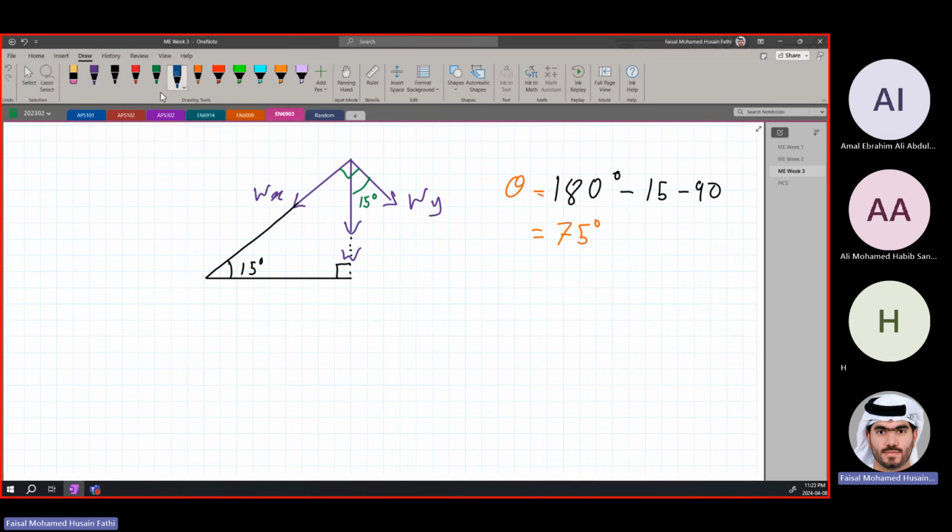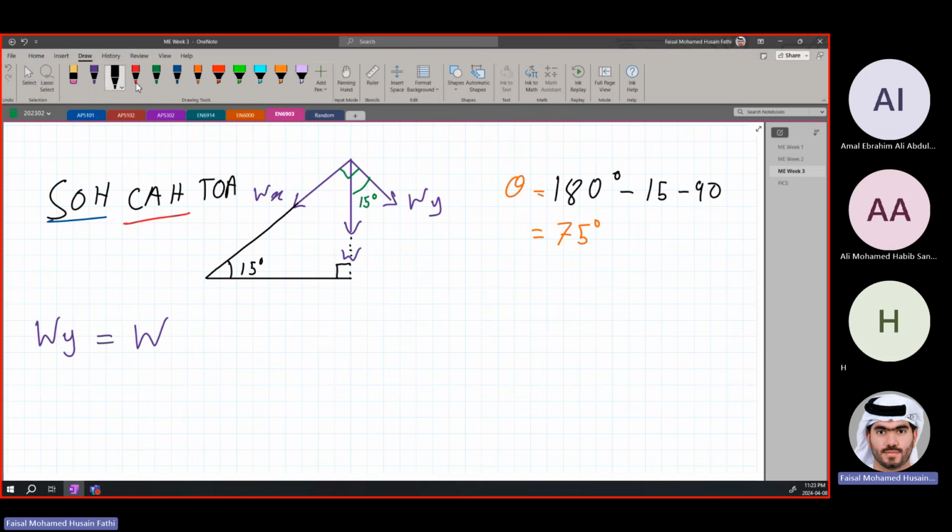Okay, the way I apply it using the shortcut is this. If you remember SOHCAHTOA, then we're going to be looking at either the SO or the CAH. We are going to look at WY first. So WY is going to be equal to W times either cosine or sine.